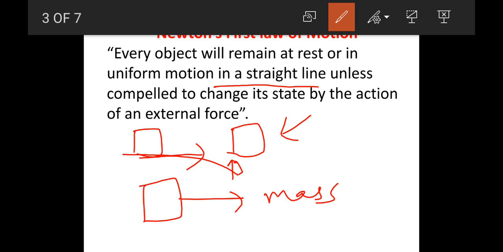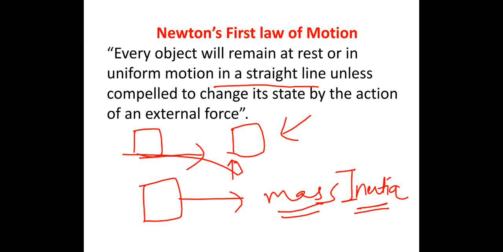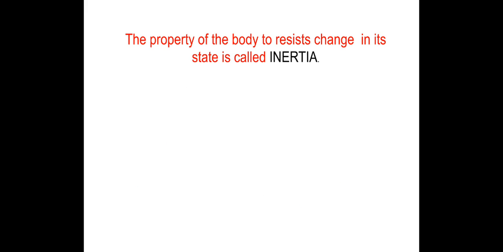And the specific name given to this property is known as inertia. So the property of a body that resists change in its state is known as inertia. So this first law of motion is also known as the first law of inertia.